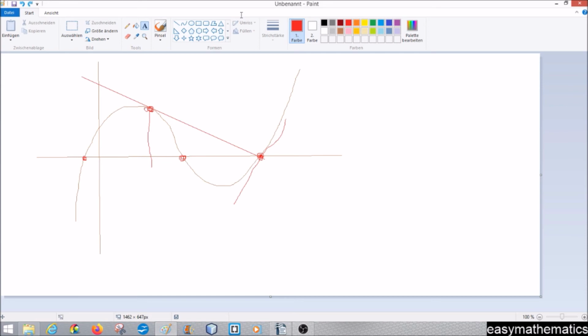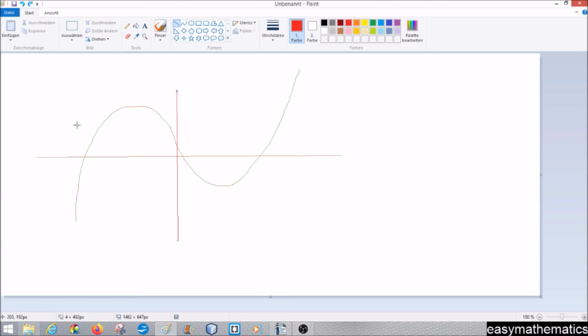So first, imagine we have a depressed cubic. I think this can be a depressed cubic. So let this be a depressed cubic.